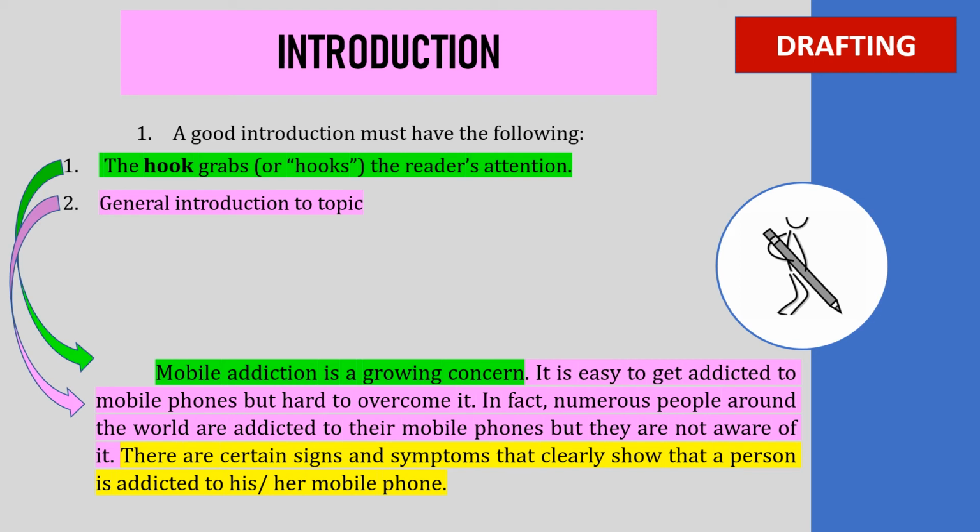And then you need to provide a general introduction of the topic, which in our example is here in pink. So it is easy to get addicted to mobile phones, but hard to overcome it. In fact, numerous people around the world are addicted to their mobile phones, but they are not aware of it.